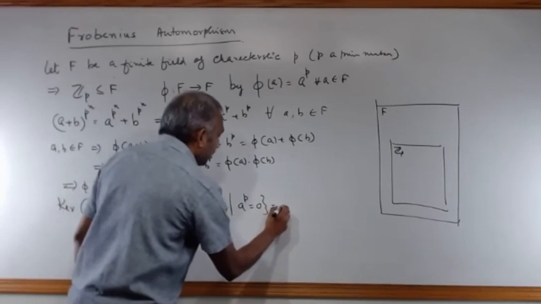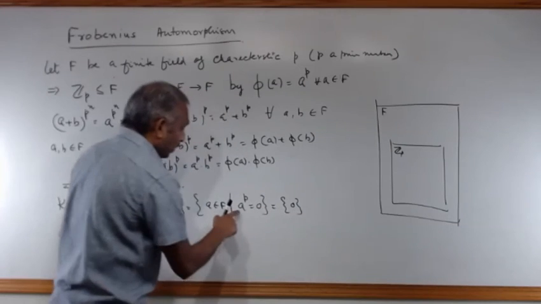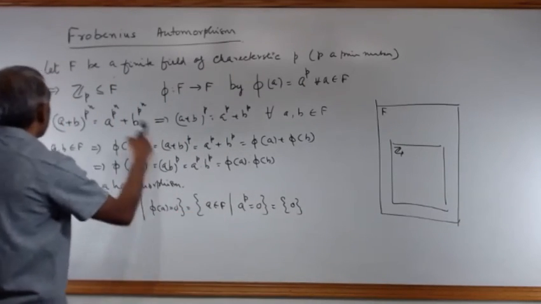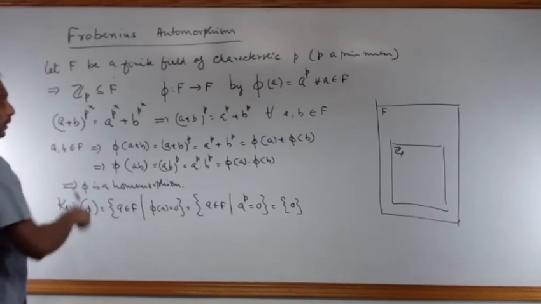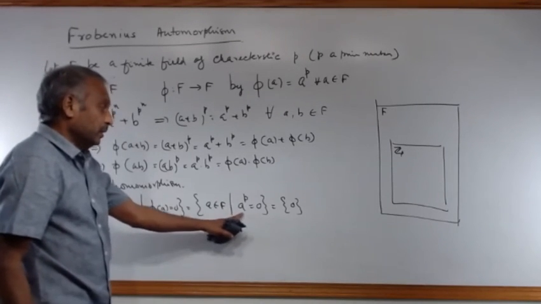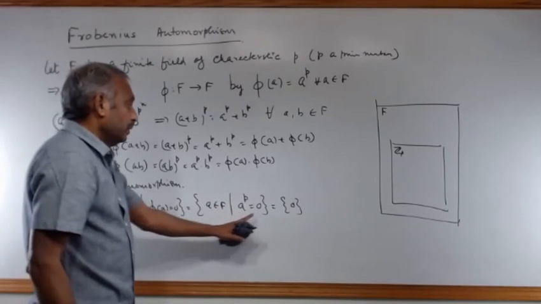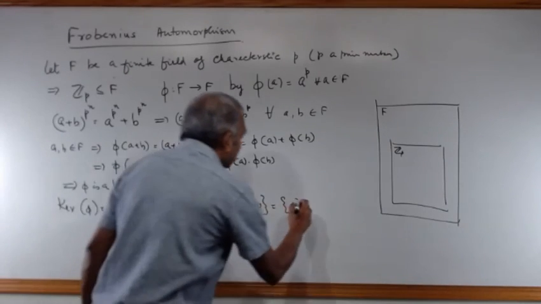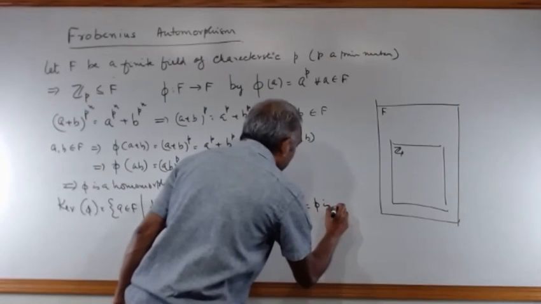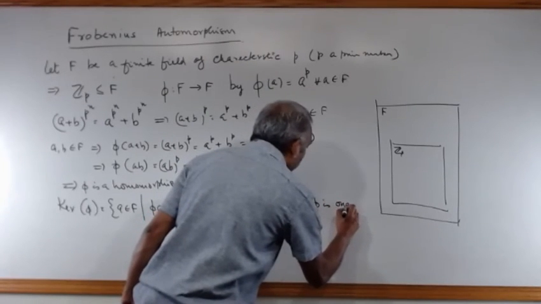So that is actually equal to 0, because A is coming from a field, so it is definitely an integral domain. So the kernel is 0, and that implies phi is 1-1.